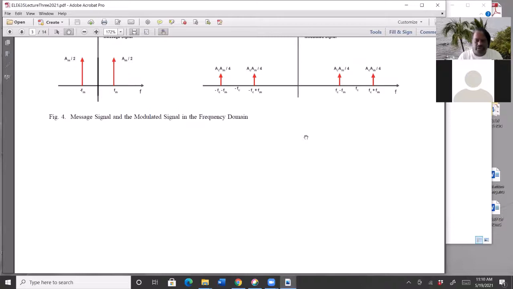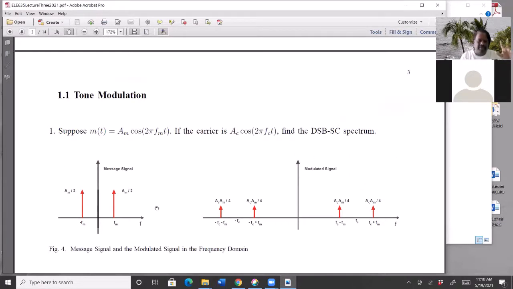So for tone modulation, remember, another way of looking at this, the modulation shifts the original frequency to be around FC and negative FC. The original frequency is at FM and magnitude AM over 2, so it gets shifted here and here.